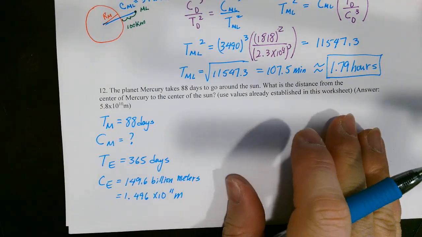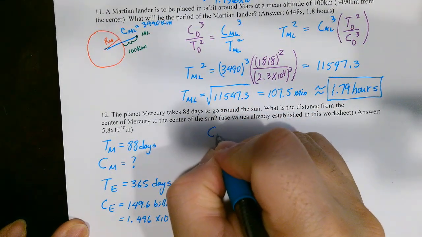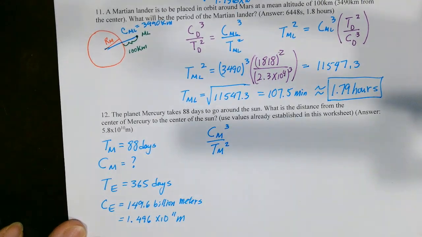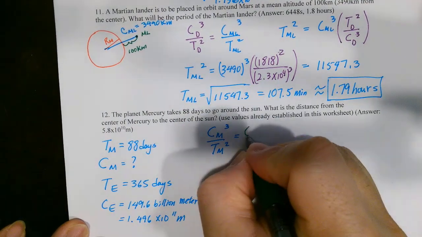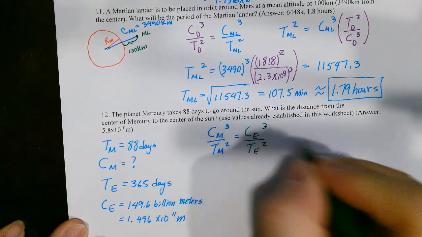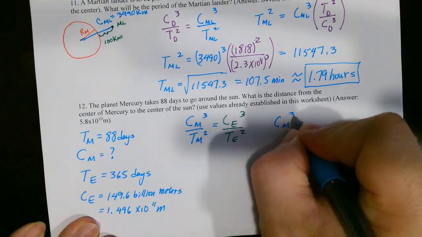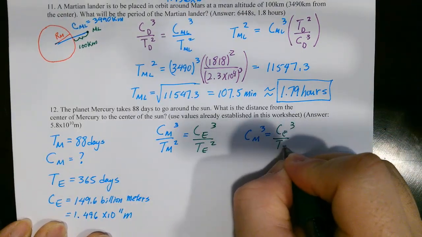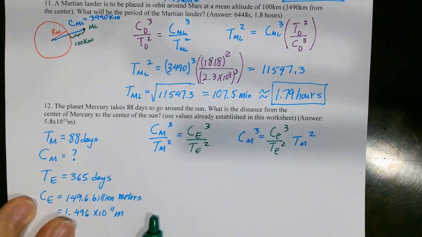So we can now use C Mercury cubed over T Mercury squared is equal to C Earth cubed over T Earth squared, right? So we can say C Mercury cubed is equal to C Earth cubed over T Earth squared times T Mercury squared.